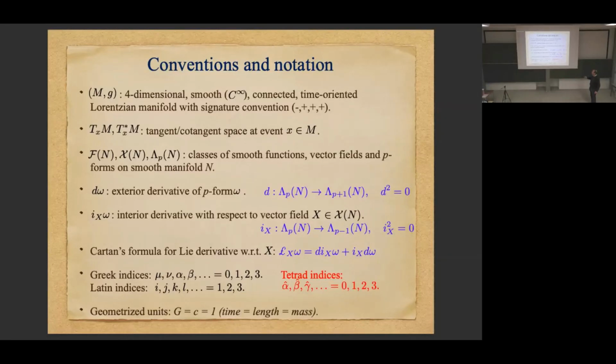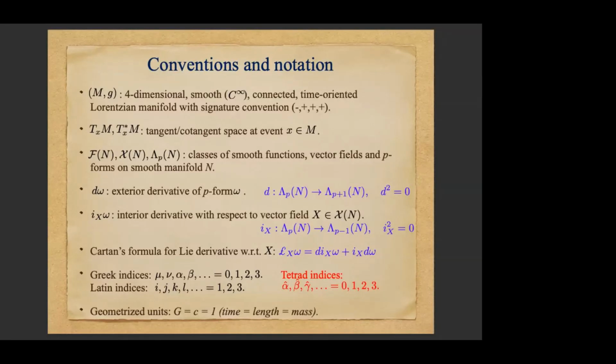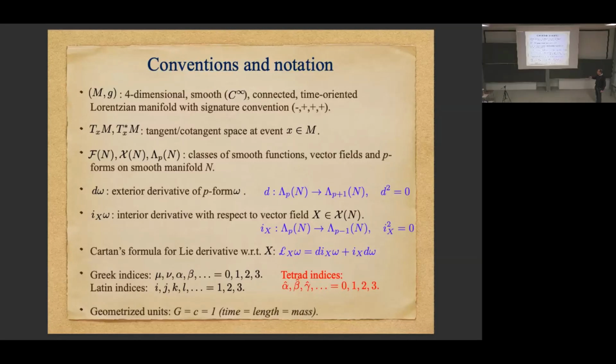So T_x M and T_x^* M will denote the tangent and cotangent space at event x. And so F(N), X(N), and Lambda^p(N) will denote the class of smooth functions, vector fields, and p-forms on the manifold N. So for a p-form omega, d omega will denote the exterior derivative. So this operator d converts a p-form into a p+1 form.